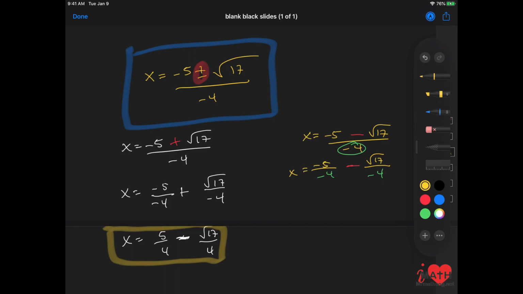So if you simplify that, you're going to get x equals a negative divided by negative is a positive, and you'll have something that looks like this as your answer. So blue would be acceptable, yellow and green was what the book had, just to show you guys.